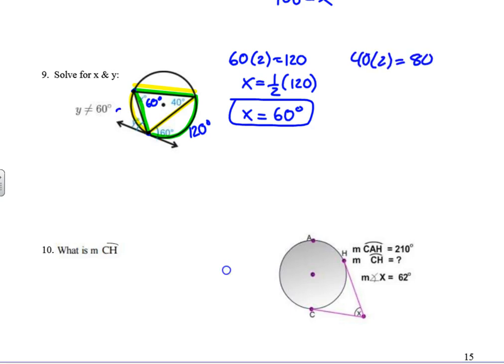So this yellow arc here is 80 degrees, and now y is going to be 1/2 of 80, which is 40. So there actually is a theorem that says if two inscribed angles intercept the same arc, then they're equal to each other. So we really could have just gone right to y equals 40 if we saw that they both intercepted the same arc.